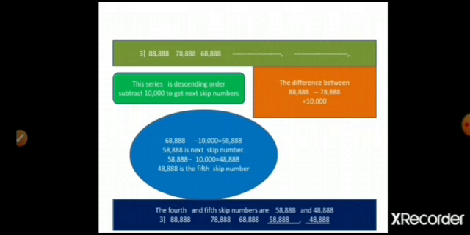So we complete the series: 88,888, 78,888, 68,888. The last two skip numbers are 58,888 and 48,888. This way we complete the series.